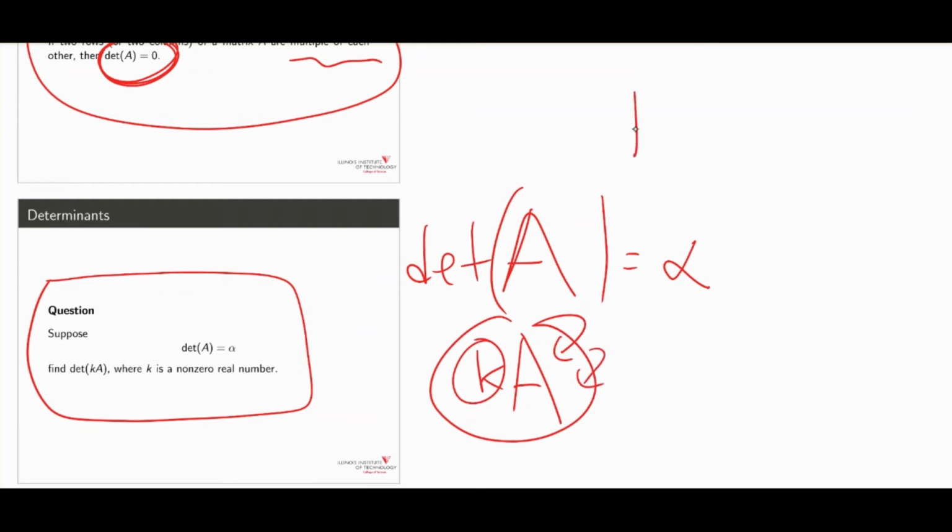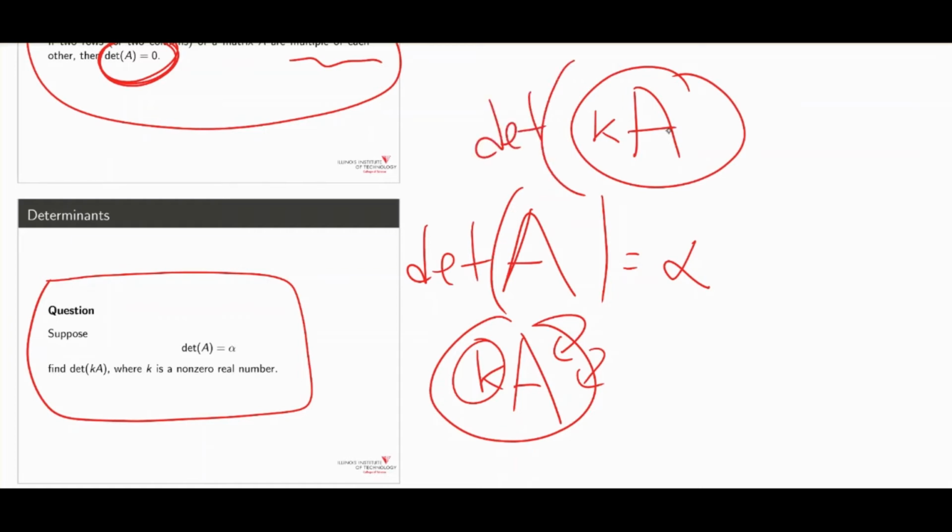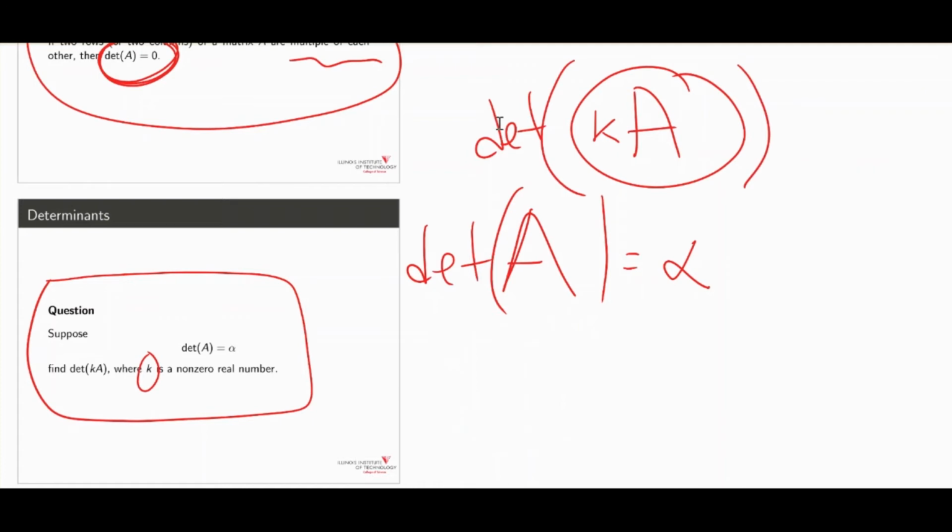A is a square matrix. You multiply it with a scalar, which is a number, kA. And the question is, what is the determinant of kA, where k is not 0, knowing that the determinant of A is alpha?